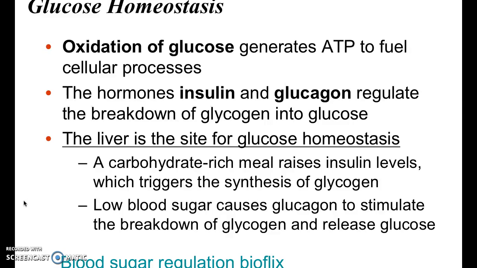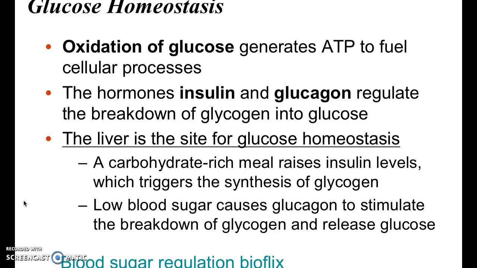If there is excess, it triggers the synthesis of glycogen. This happens in the liver. So it's a two-step process. One is to tell the cells to start taking up glucose so that they can produce ATP. The second, if there is excess, is to send a signal to the liver to start the glycogen making process.